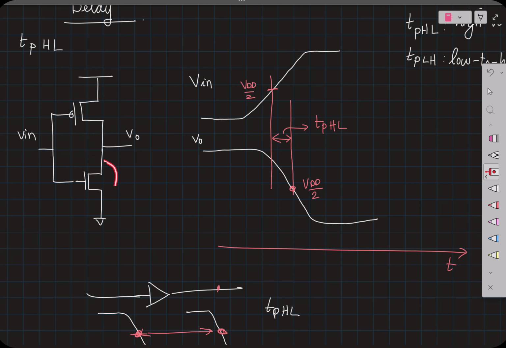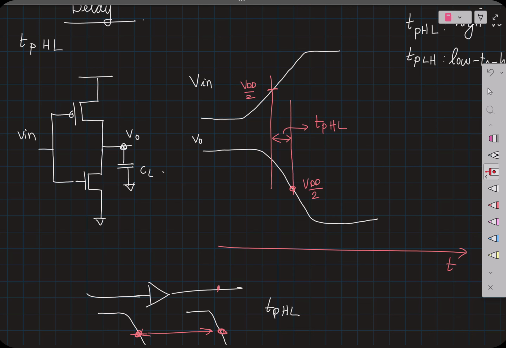I will model all capacitance associated with this node as a single capacitor to ground. We will come back to how I modeled this in some time, but for now let's assume that I have taken all the relevant capacitance associated with this node as a single capacitor to ground.